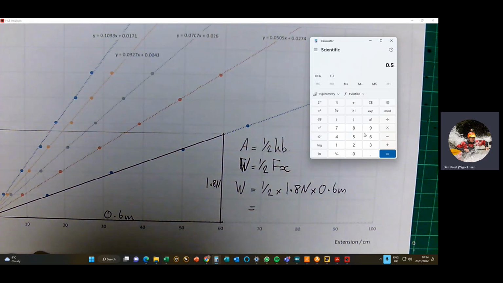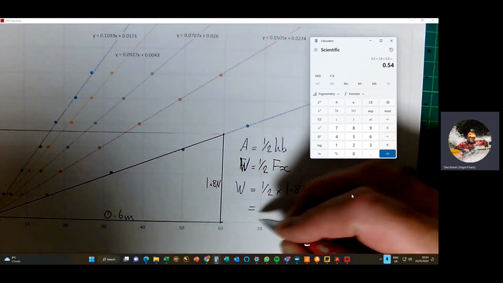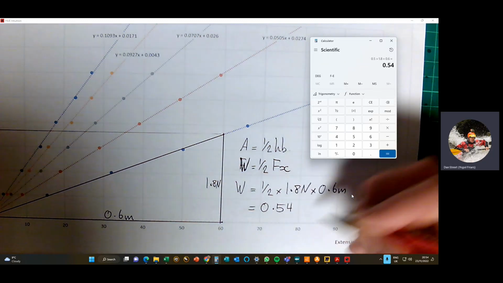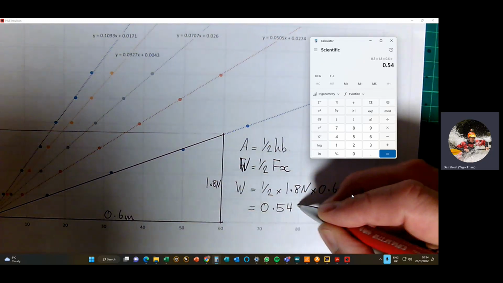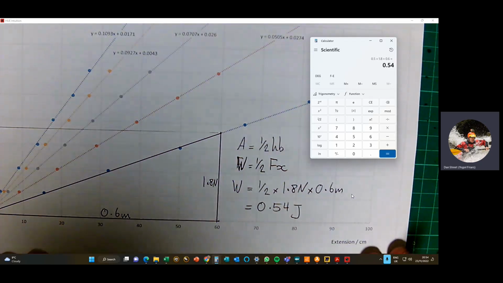So 0.5 times 1.8 times 0.6 gives us 0.54 newtons. Not newtons, my apologies, joules, because work done is energy, and energy is measured in joules.